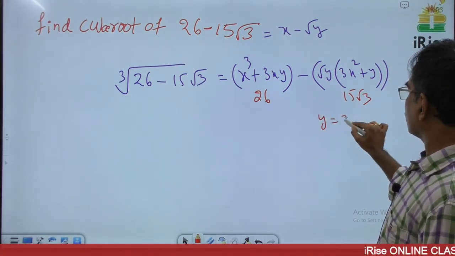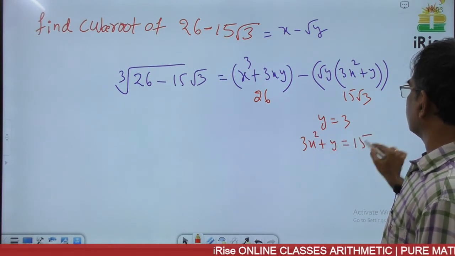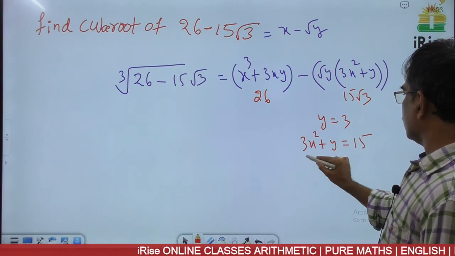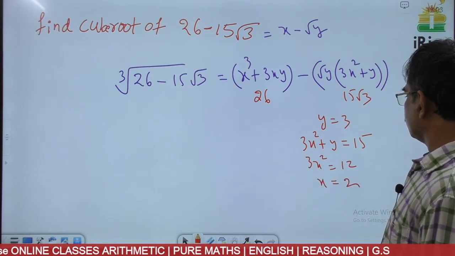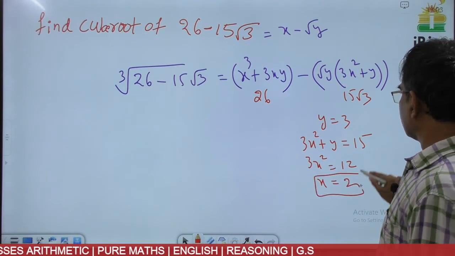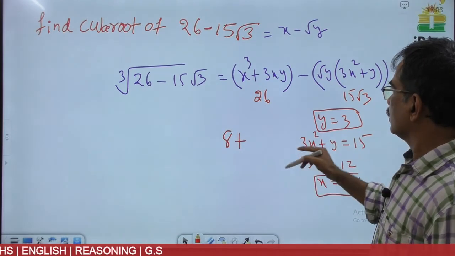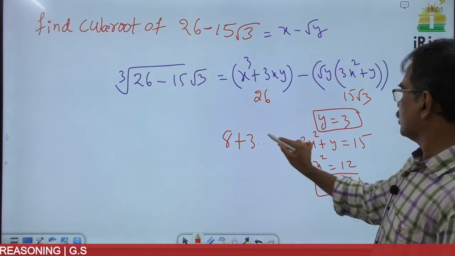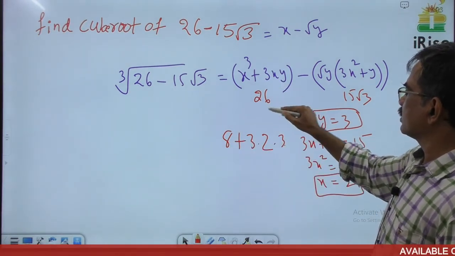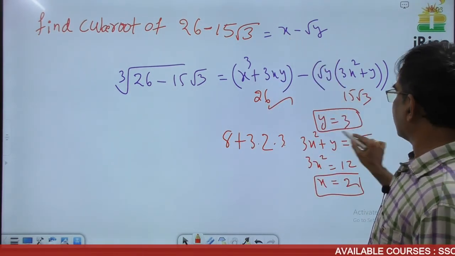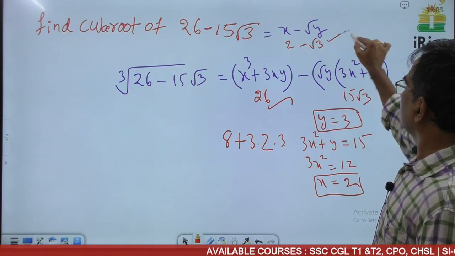First, I consider y is equal to 3 and 3x square plus y is equal to 15. Put y is equal to 3 here, 3x square is equal to 12, x is equal to 2. Substitute x is equal to 2 and y is equal to 3 here: 2 cube is 8, plus 3 into 2 into 3, which is 18, plus 8 is 26. Satisfied. So the answer is 2 minus root 3.